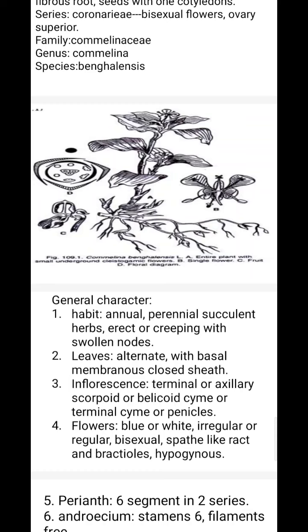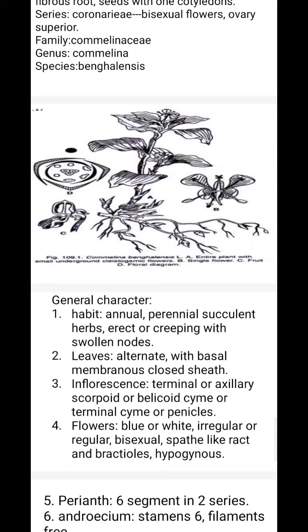Then D diagram, there is the floral diagram. In that you have to see the outer part is the bracts, then inside there is the perianth, then below the perianth there are three stamens and three staminodes, and at the center there is the ovary.